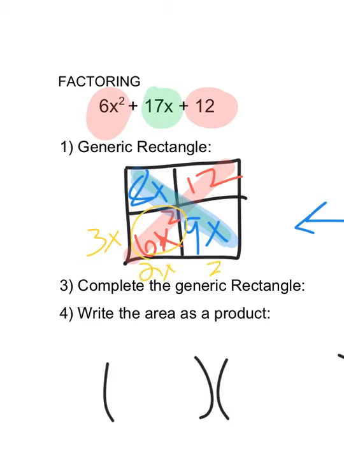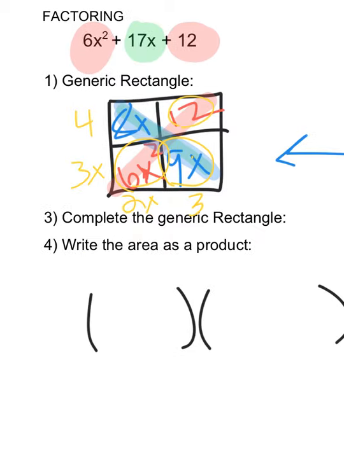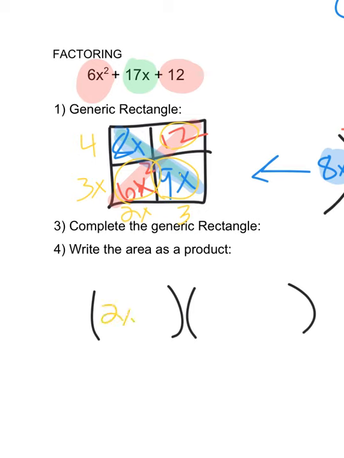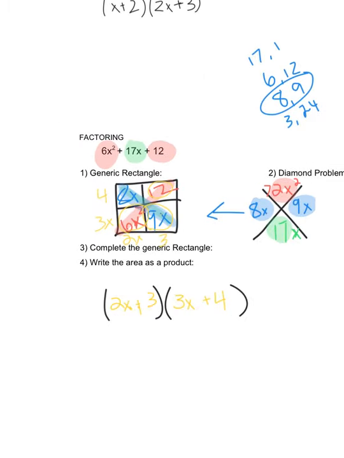And 3x times 3 would make 9x. And then across the top, the 2x can be multiplied by 4 to get 8. And 3 times 4 is also 12. So we write our outside length times width. So 2x plus 3 and 3x plus 4. And that is our factored form of this problem, writing it as a product of the length times width.